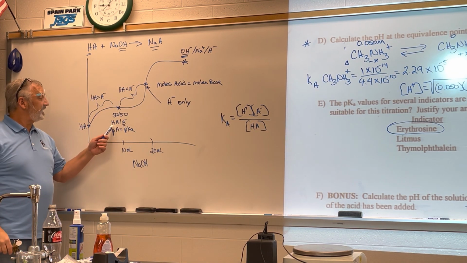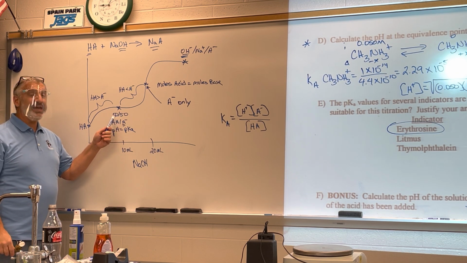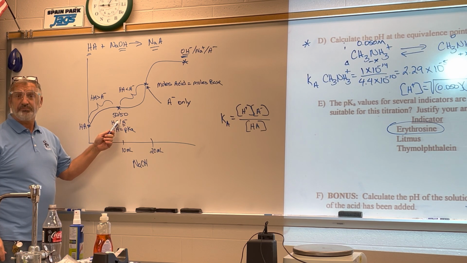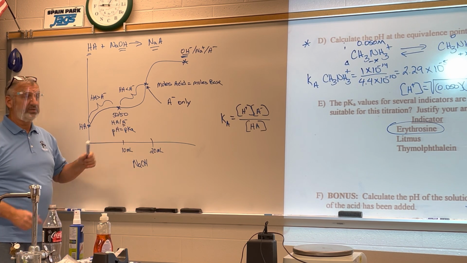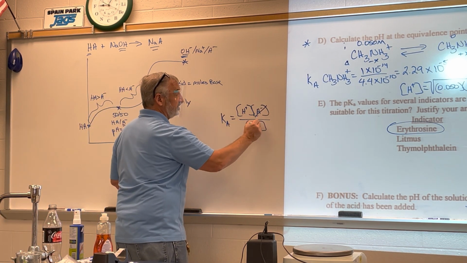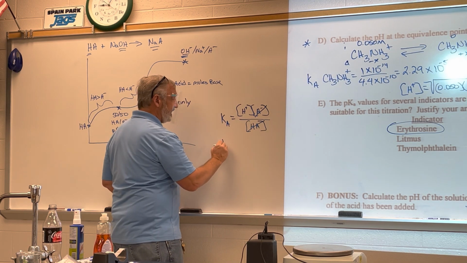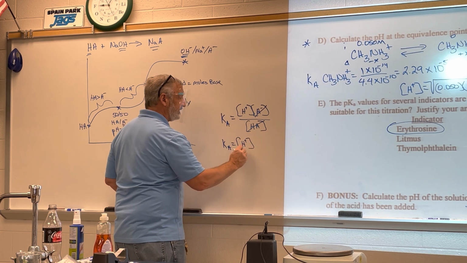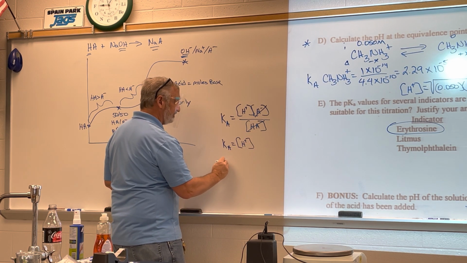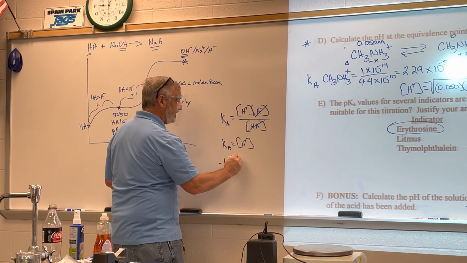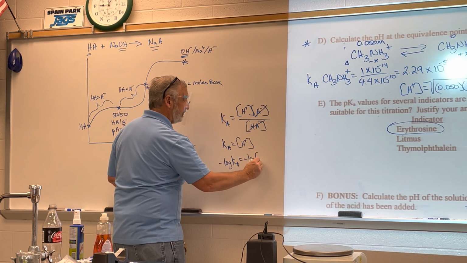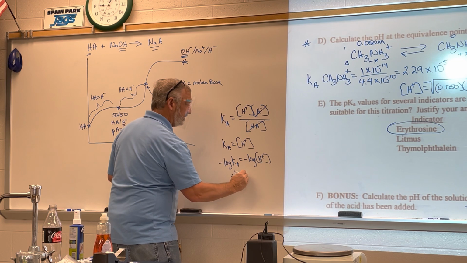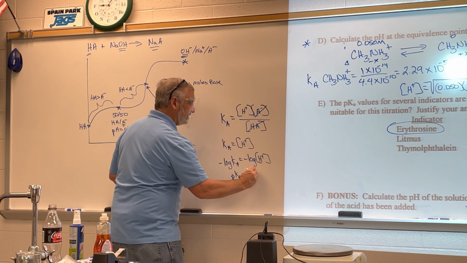If it's a 50-50 buffer, HA and A minus are equal, so they cancel out. So Ka is going to equal H plus. Take the negative log of both sides: negative log of Ka is equal to negative log of H plus, so pKa equals pH.